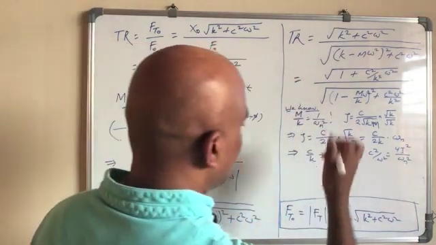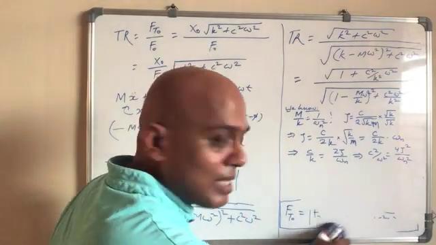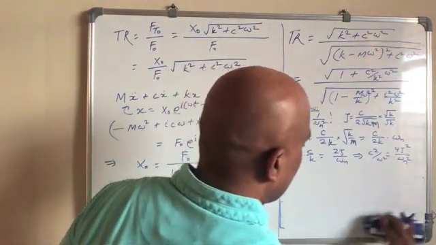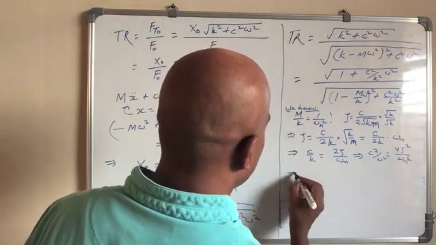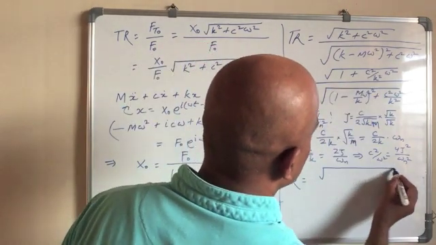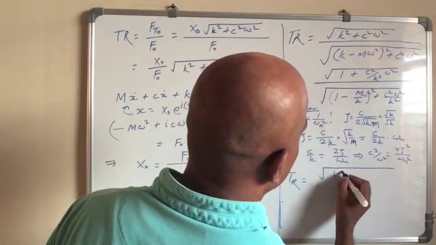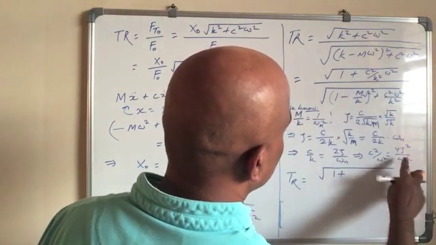Okay, so we can put that there and we can get the transmissibility value finally, and the value will be Tr equal to root under (1 plus C square over k square), which is 4 zeta square omega n square.